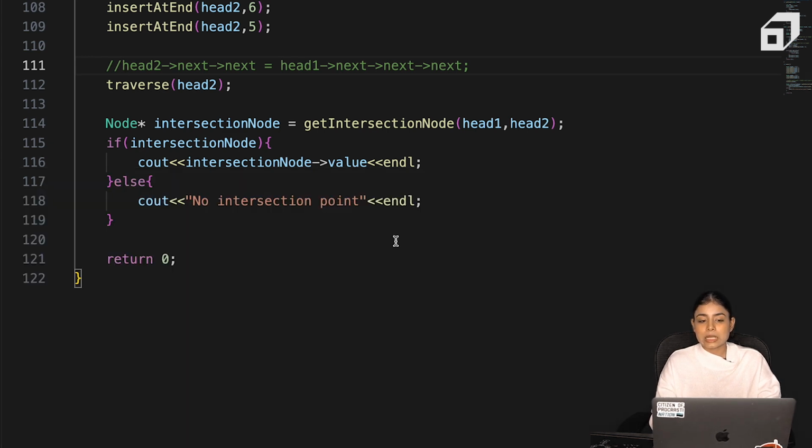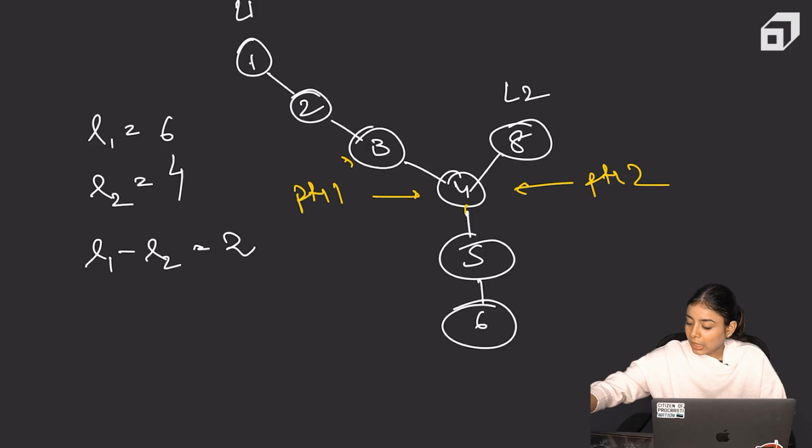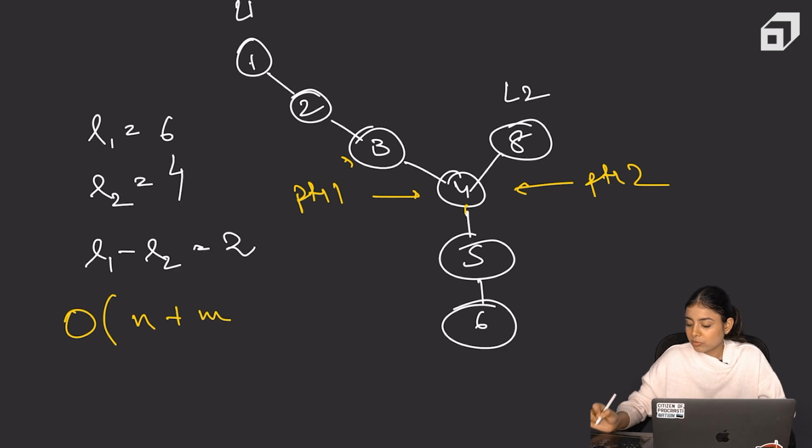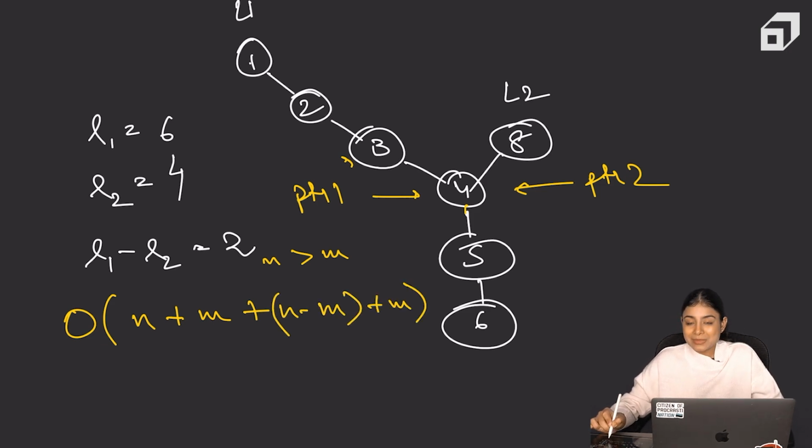Alright, and what would be the time complexity for this? First of all, we'll require some time for calculating the length of the linked list. Let's say n and m are the lengths of the two linked lists, and then if n is more than m, then we'll have to move n minus m steps, and then finally we'll have to move m steps, meaning when we are checking if we get any intersection point or not, right?